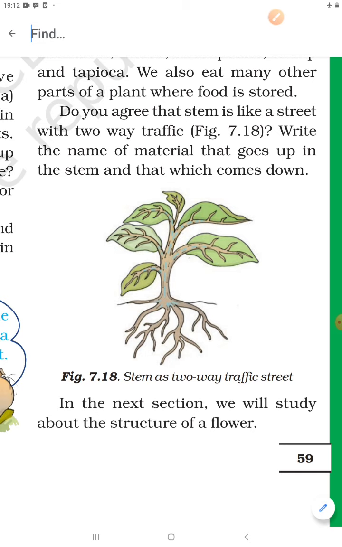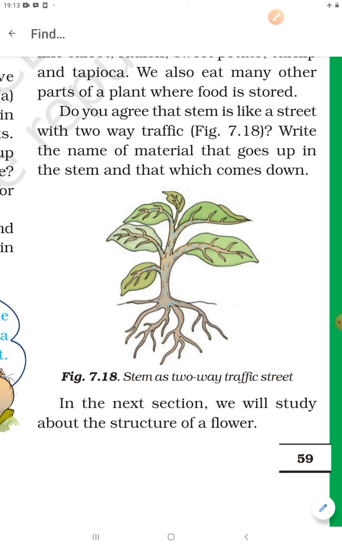The leaves prepare food. This food travels through the stem and is stored in different parts of the plant. We eat some of these as roots like carrot, radish, sweet potato, turnip, etc. So do you agree that stem is like a street with two-way traffic now?